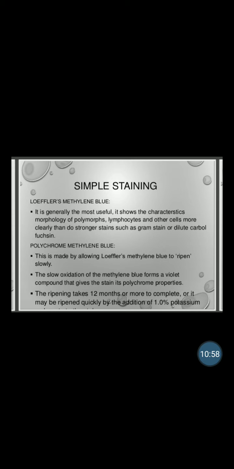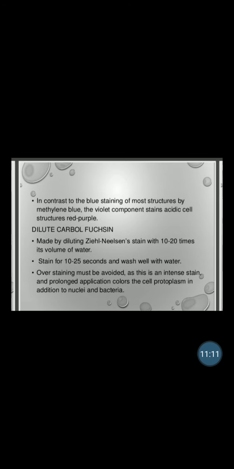The ripening takes 12 months or more to complete, or it may be ripened quickly by the addition of 1% potassium carbonate. In contrast to the blue staining of most structures by methylene blue, the violet component stains acidic cell structures red purple.